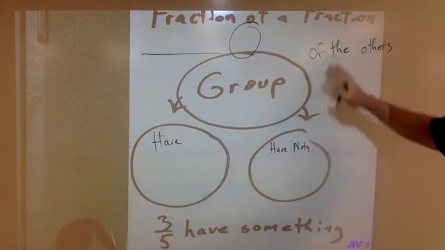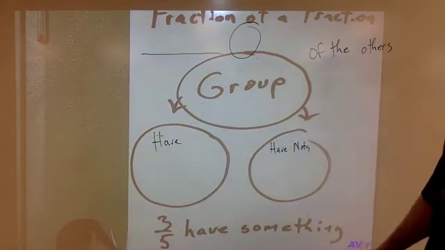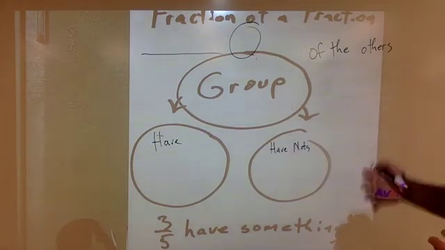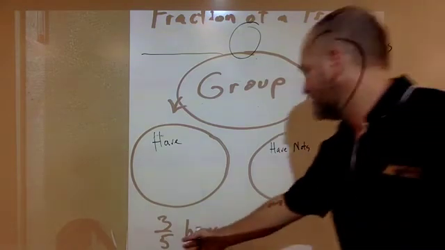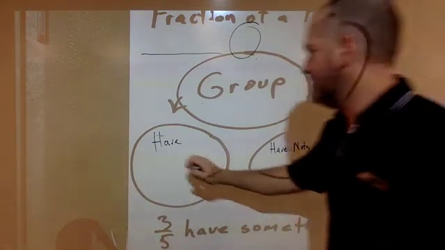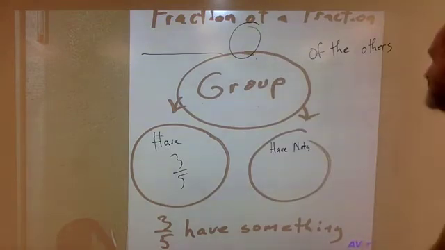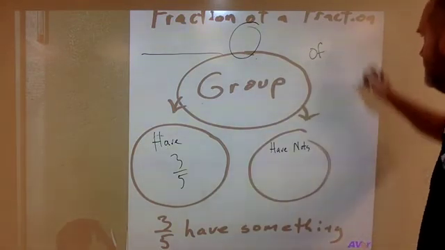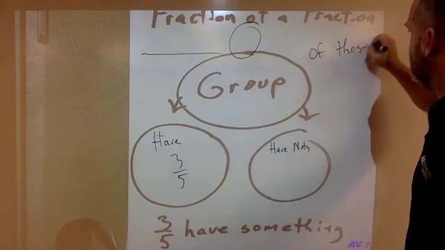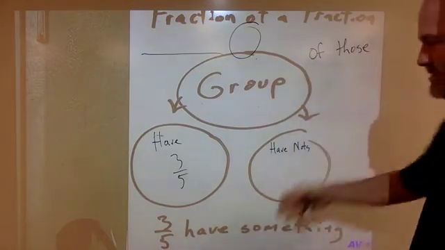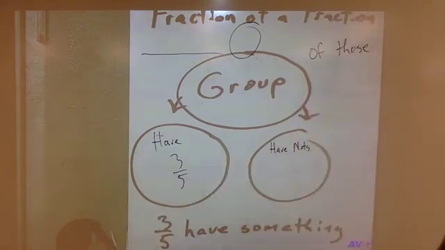This is the whole key to these types of problems, because you're only going to have 2 fractions in every problem. Sometimes you'll multiply those 2 fractions together. Like in this case, 3/5 have something, and say it says of those. If they're talking about 3/5 have, and then it says of those, they're talking about the haves. They're talking about 3/5.